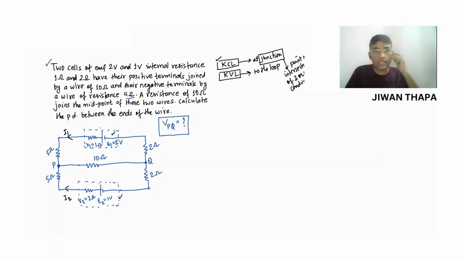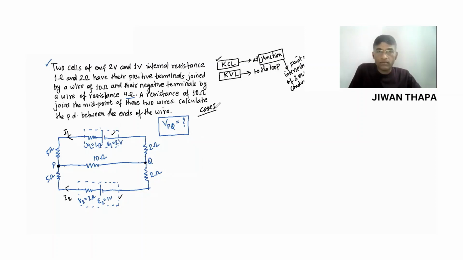So we have this. We can see this is a junction because we have this and this conductor meeting at this point, and we have this and this conductor meeting at this point. So we are going to apply Kirchhoff's first law, or junction rule, or KCL, to junction P or junction Q.